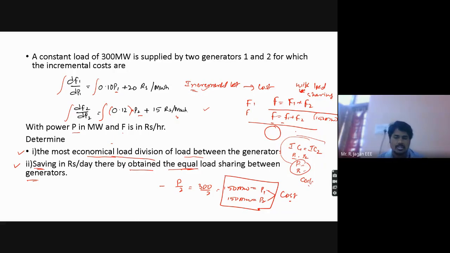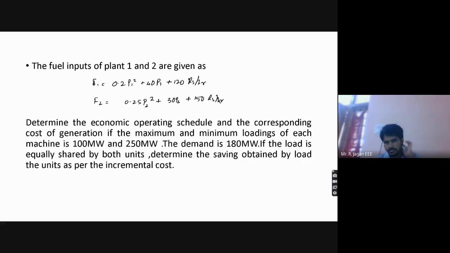Do the problem even if it is wrong, don't worry about that, we'll discuss. Please try to do it. And note down this problem also, and we'll stop the session.